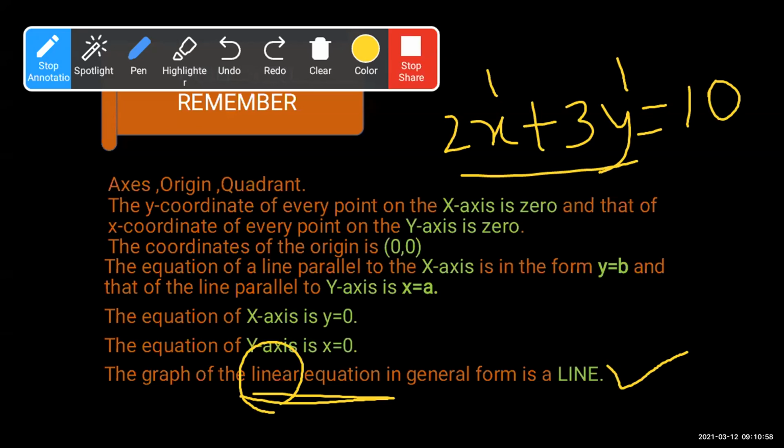Keep this in mind and be very careful: if you draw the graph of any linear equation, now you have studied the substitution method and elimination method in the linear equation of your maths part 1, if you take any equation and draw its graph, the line will always be a straight line.